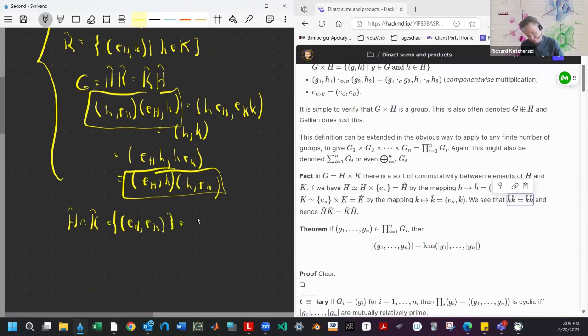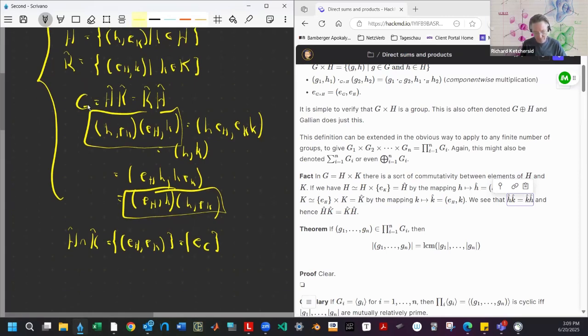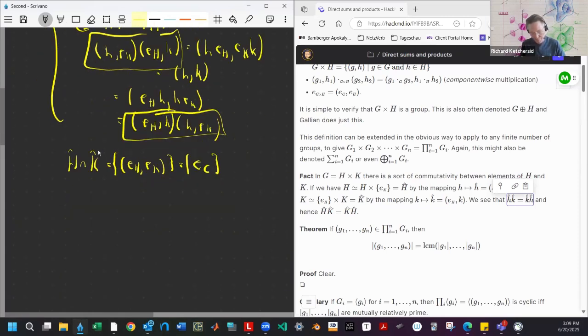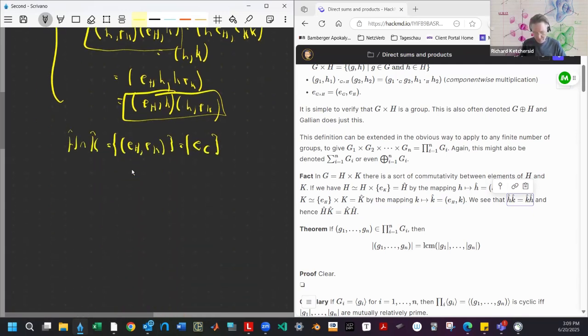So that is just the identity of G, because G is the product group. So that's one important thing, and keep that in mind. If you take the natural copy of these two things inside of this product group G, they commute in this natural sense, okay?